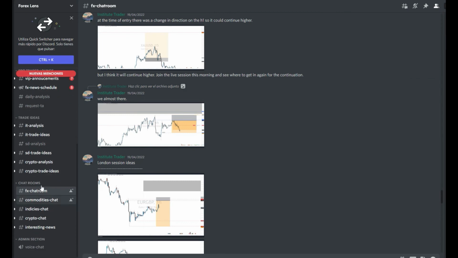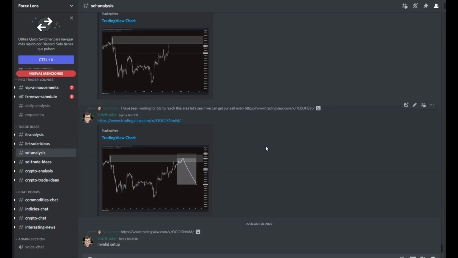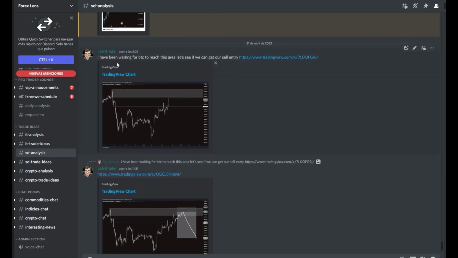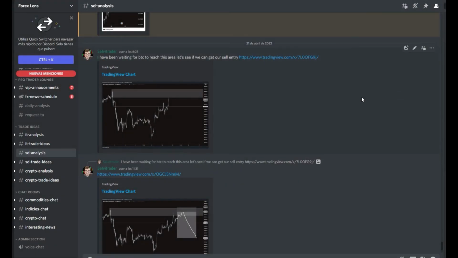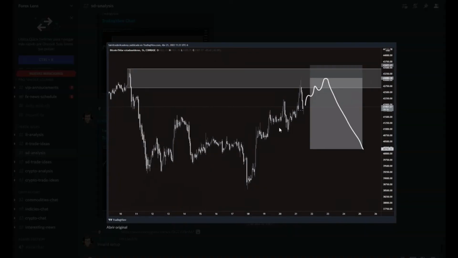Supply and demand. It was on Bitcoin. We were monitoring this area, as you can see. We were monitoring this level of supply, and we were trying to get a sell from this area, but in the 5-minute time frame we didn't have a confirmation. Market just hit our zone and dropped from there without giving confirmation, so we were left behind on this one.